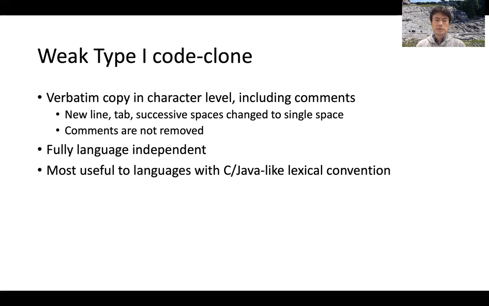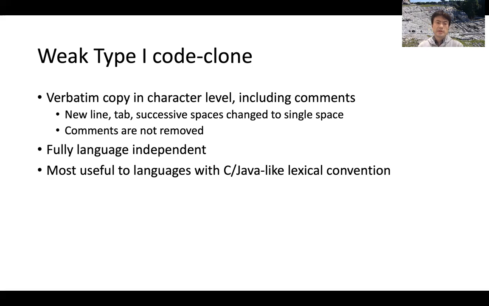So first, we propose a concept called a weak type 1 code clone. A weak type 1 code clone is verbatim code at the character level, including comments. We also do some normalization: we normalize new lines, tabs, and successive spaces into a single space.